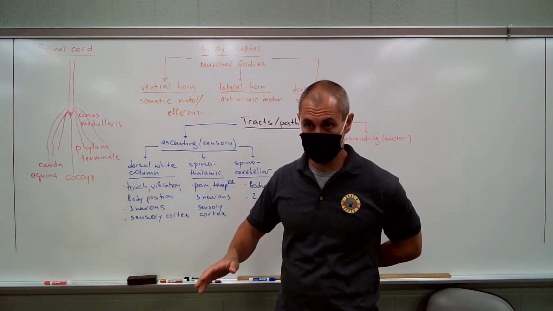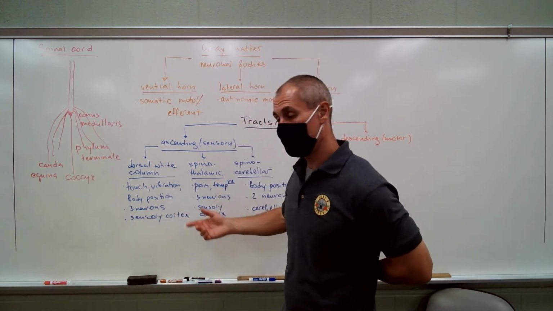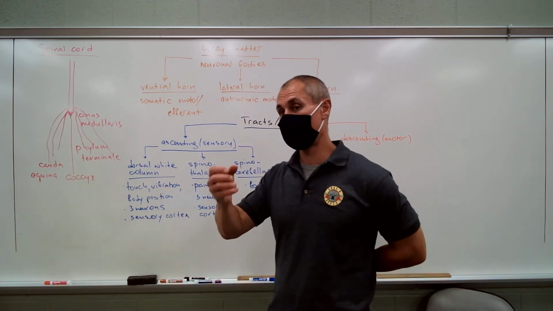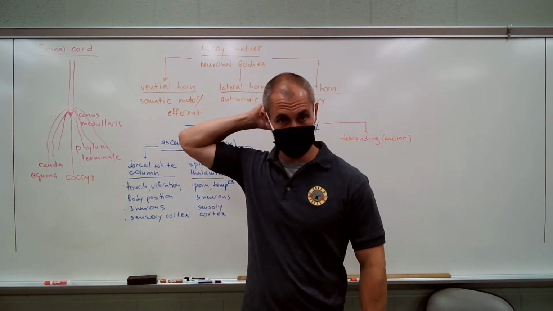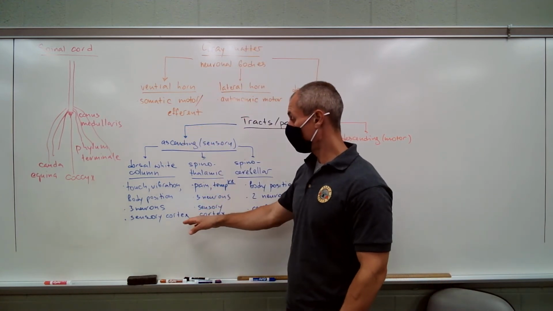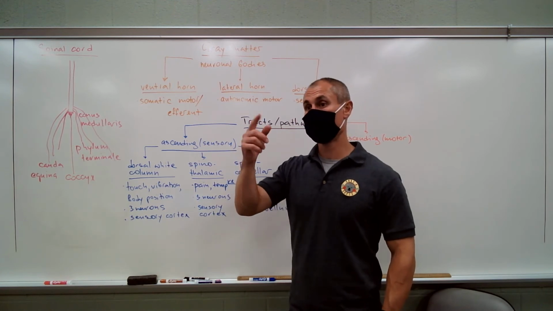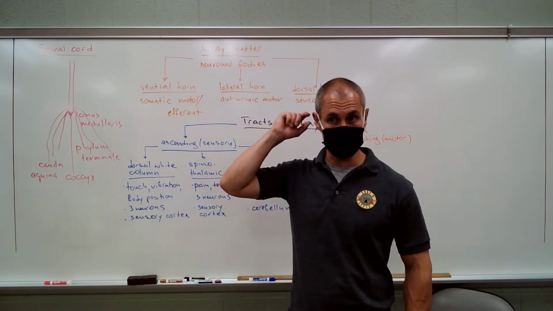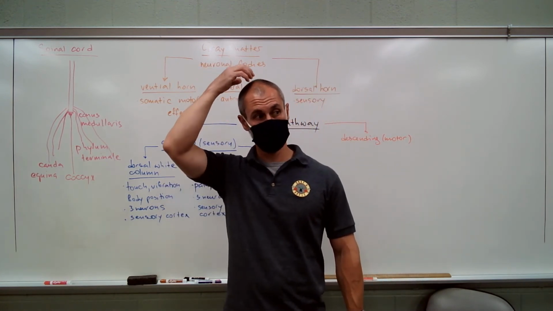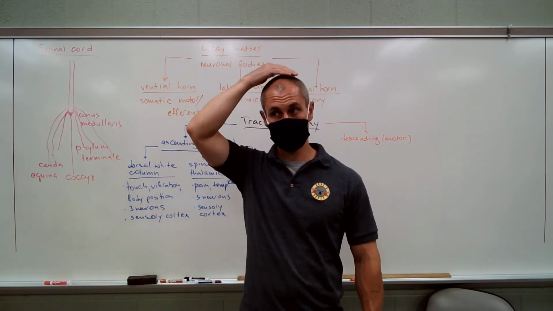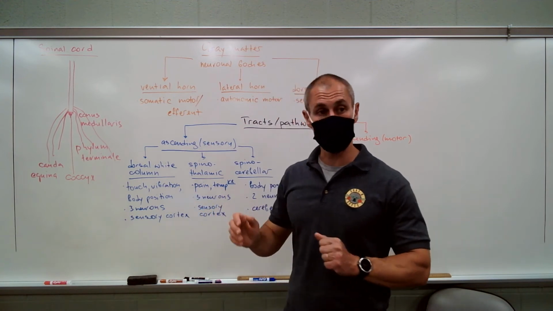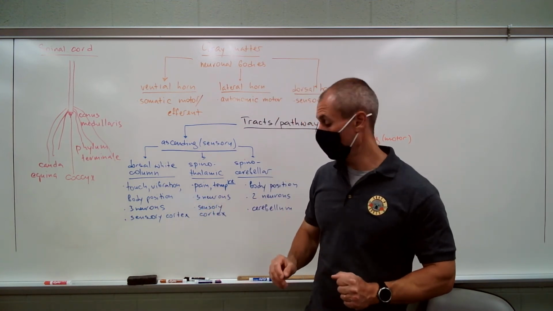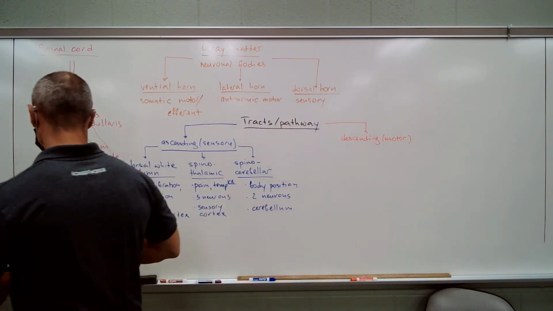Second order neurons will synapse with them, and they will convey the signal to the thalamus. A third order neuron will synapse with the second order in the thalamus and will bring the signal to the cortex. Does that make sense?